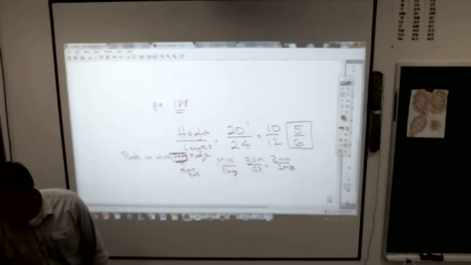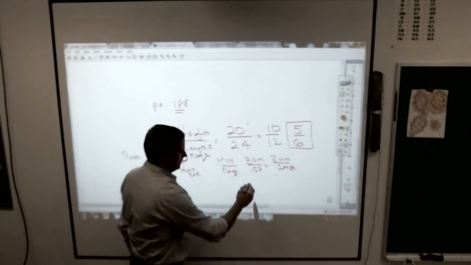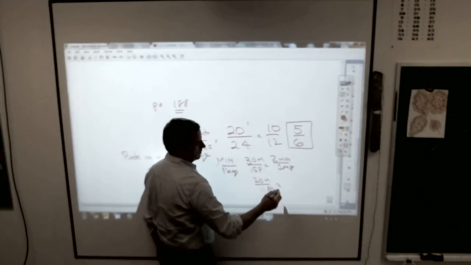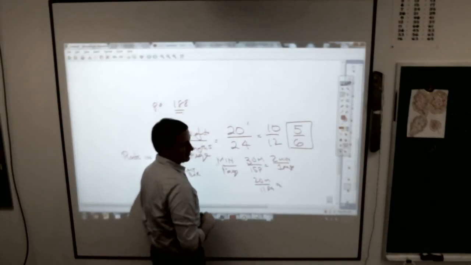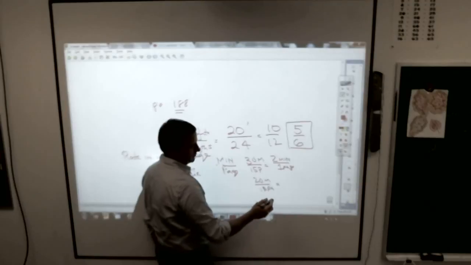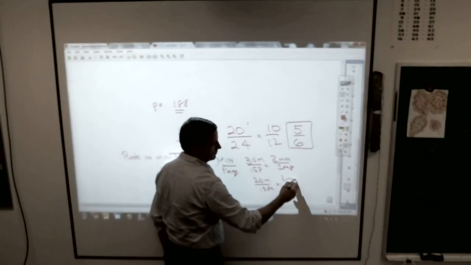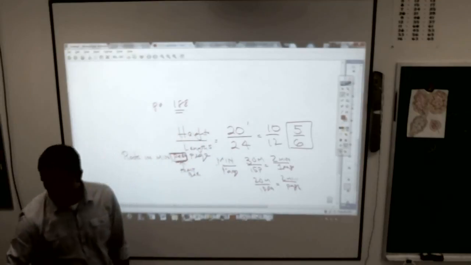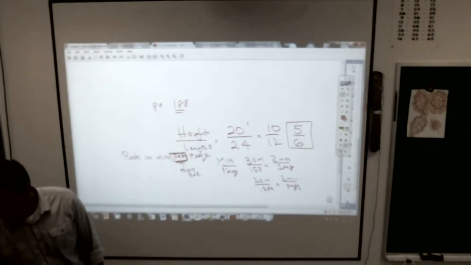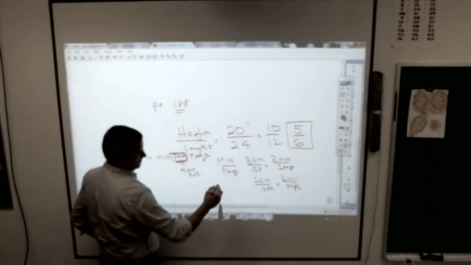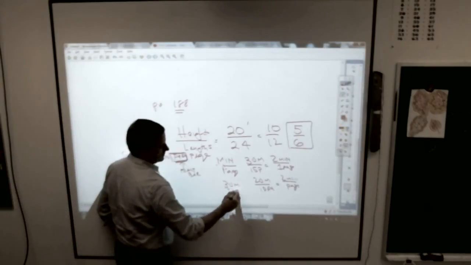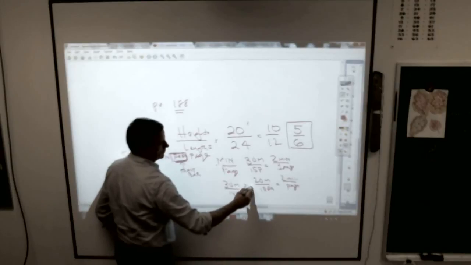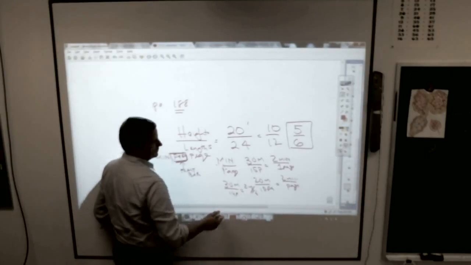The next one is 20 minutes for 11 pages. It doesn't really reduce, but if this was a 10 on the bottom, it would also be 2 minutes per page. The next one is 30 minutes for 14 pages, which again is awfully close to 2 minutes per page.